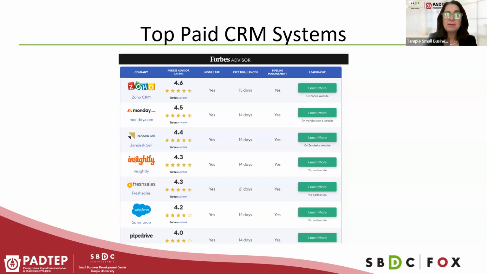Remember, with any of these free trials, when it hits that 15th day or 14th day, 21 days, whatever it may be, any data that you've put in will disappear unless you pay for that service. So make sure that if you're inputting data, you can download it if they permit so. These would be great places to start if you want to look around at the different CRMs.